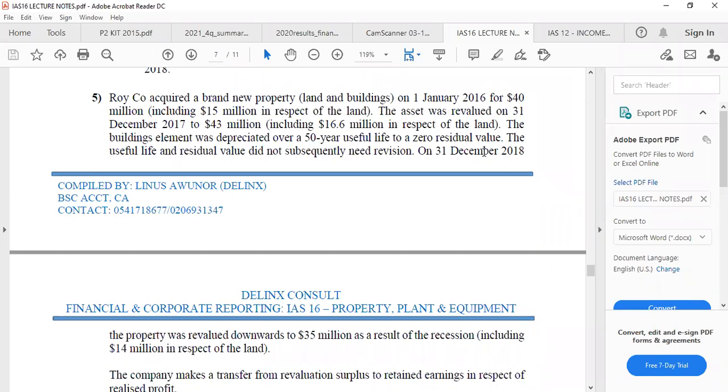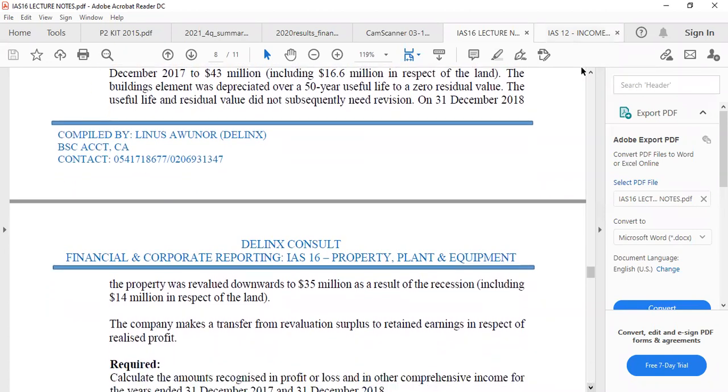When was the next revaluation done? 31st December 2018. So that means 1 year after the first revaluation, isn't it? So it means that we still use the building for 1 year before the revaluation.